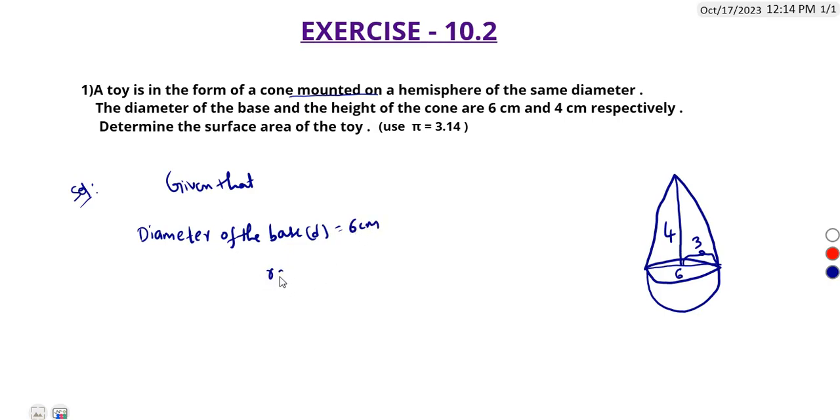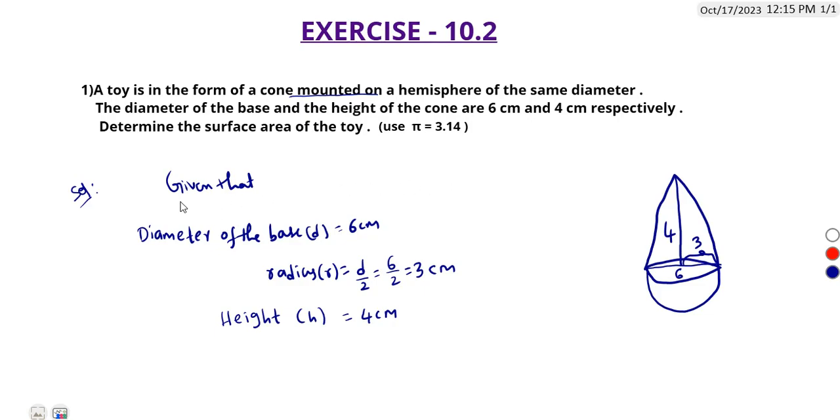Diameter 6 means what is the radius? Radius r equals half of the diameter, so d by 2 equals 6 by 2 equals 3. 3 centimeters is the radius. Next, height h equals 4 centimeters.